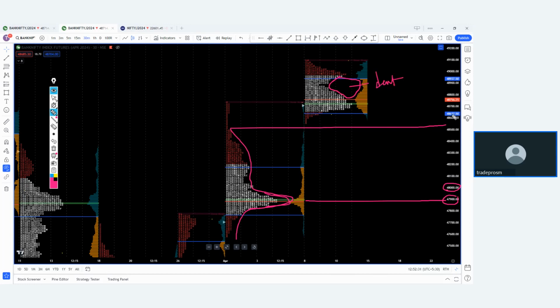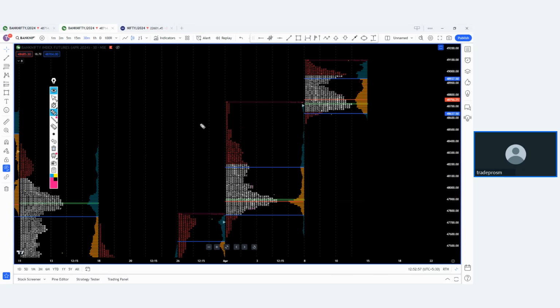So if you are not able to get a follow through below 48,500, and we start coming back inside the value of the previous week and stay higher, somewhere around 48,700, 750, then the immediate bias is to fill this dent in the profile. Once you fill this, then we'll decide the next direction. That possibility is also there. So at this point of time, it is a neutral view with respect to Bank Nifty.